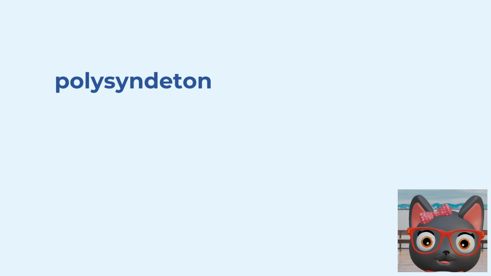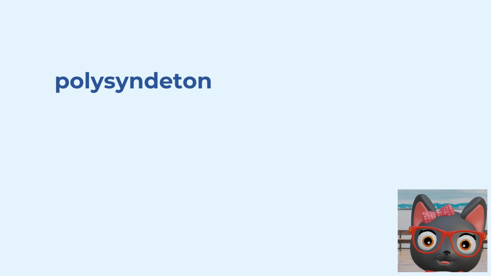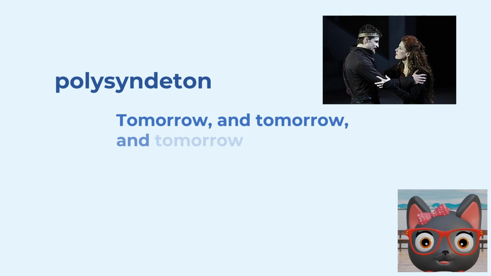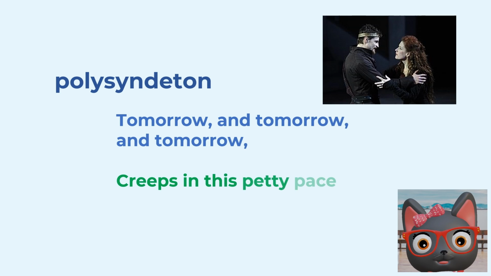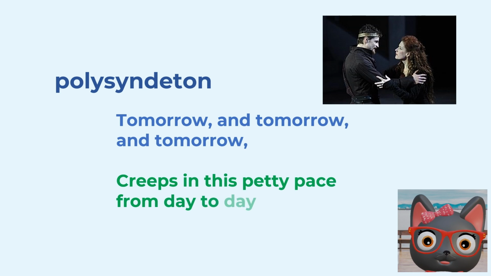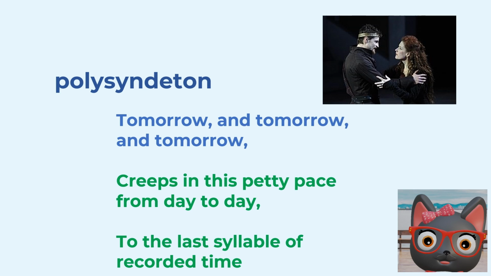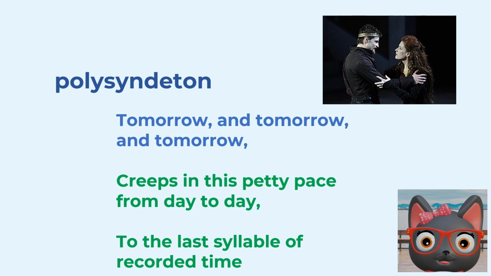Polysyndeton is the repetition of conjunctions in close succession. From William Shakespeare's Macbeth, Macbeth soliloquizes, "Tomorrow and tomorrow and tomorrow creeps in this petty pace from day to day to the last syllable of recorded time." After his wife's death, through his dialogue, Macbeth concludes that life is meaningless and empty and just goes on.